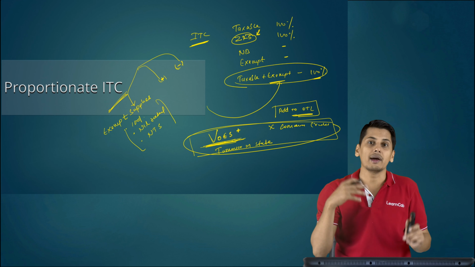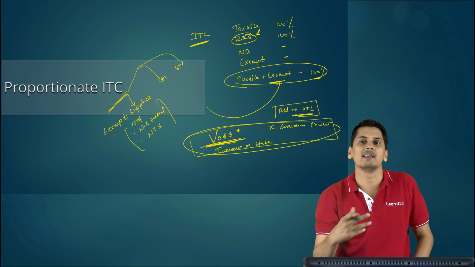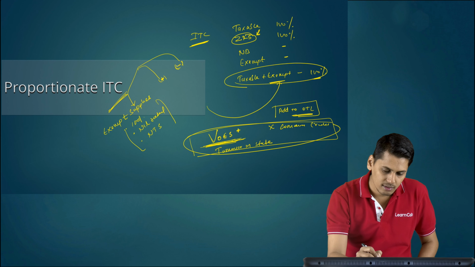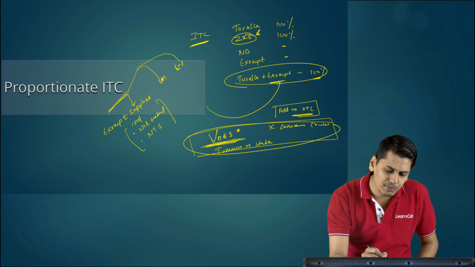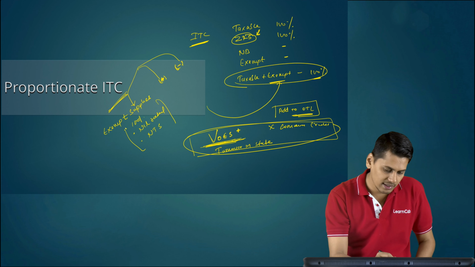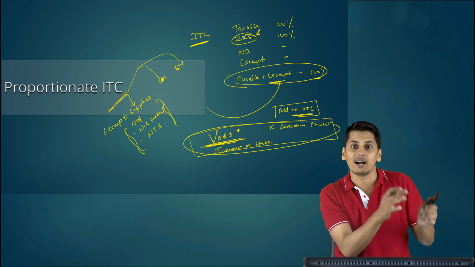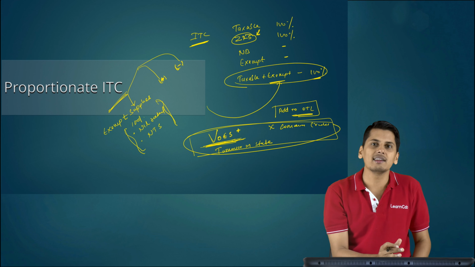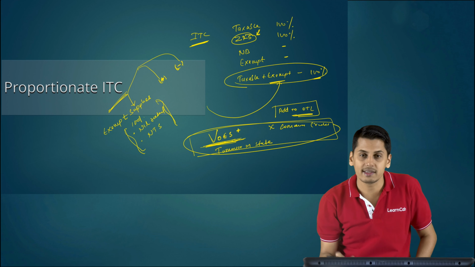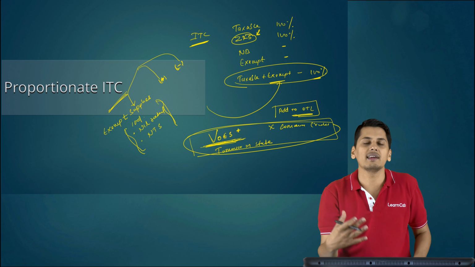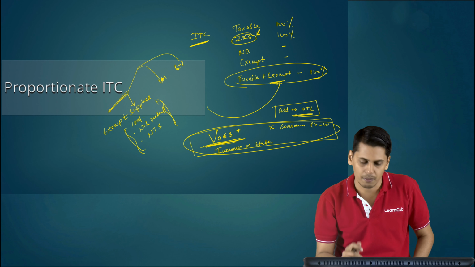So, my addition to output tax liability will increase. So why are certain specific additions required? It is not covered over here, but the government wants to consider them equivalent to exempt supplies so that there is an increment in the addition to output tax liability.